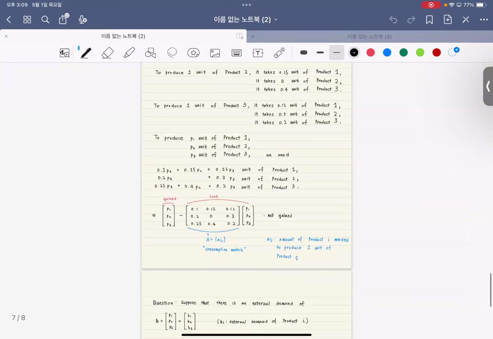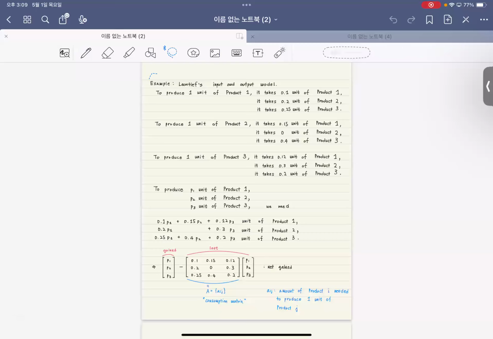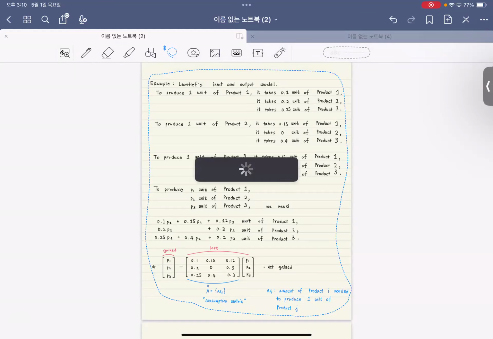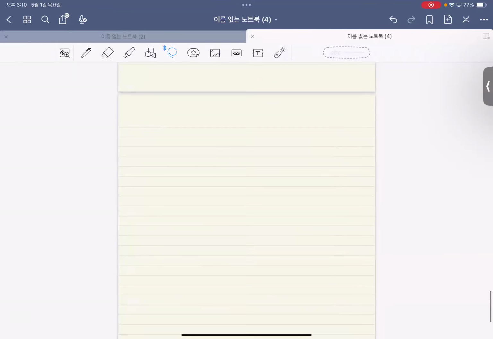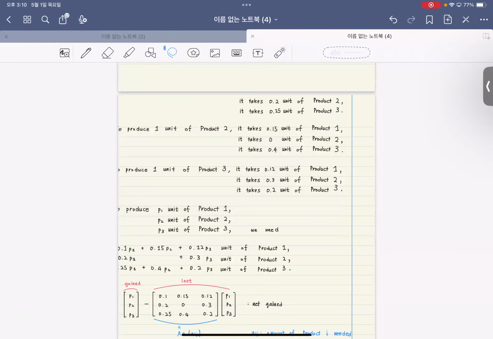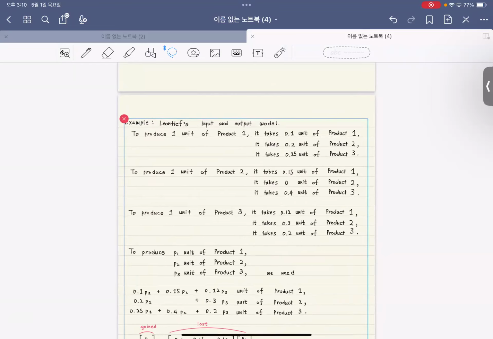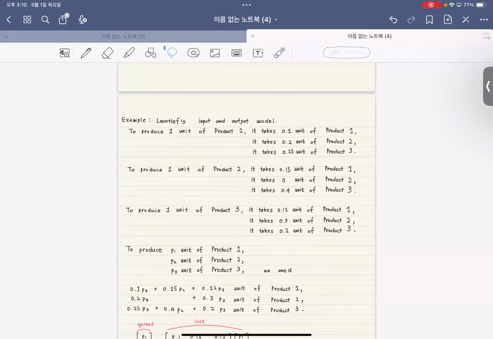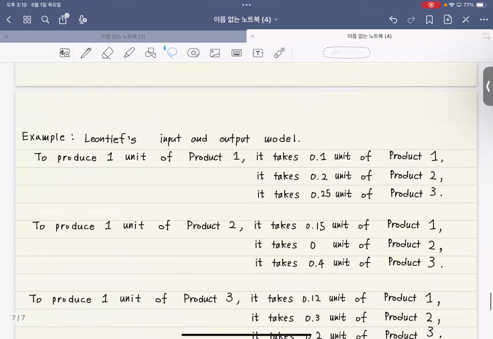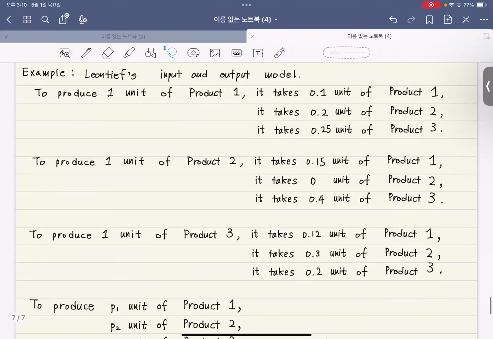I don't have enough time, but I will try my best to explain the last example. This time I will pretend to be an economist.